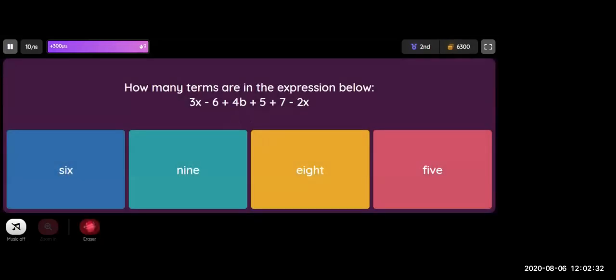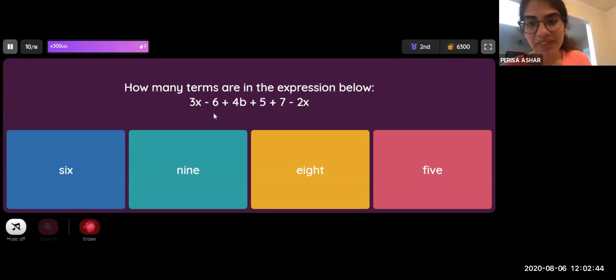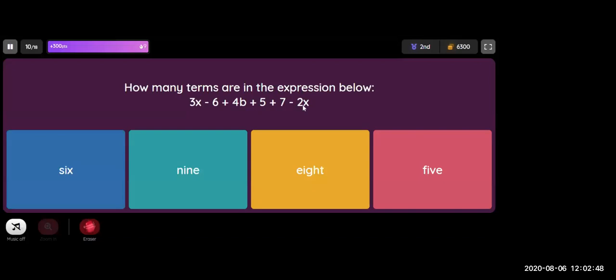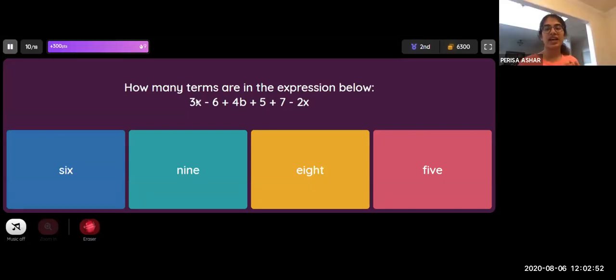Now, how many terms are in this expression? What that means is how many different sections there are, if that makes sense. Good job, you are correct because the first option is 6. There are 6 different terms, and I want to clarify this to everyone.